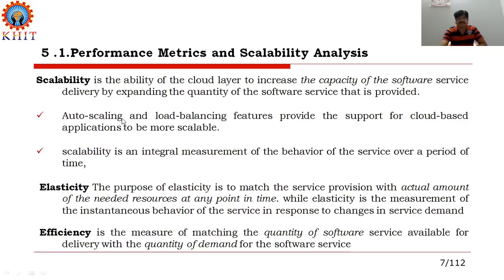Auto scaling is where, based on the traffic imposed on the cloud, the system automatically upgrades or downgrades. That is called auto scaling. And load balancing is where, whenever huge traffic is imposed on a particular server, the server diverts the traffic among the remaining networked servers.